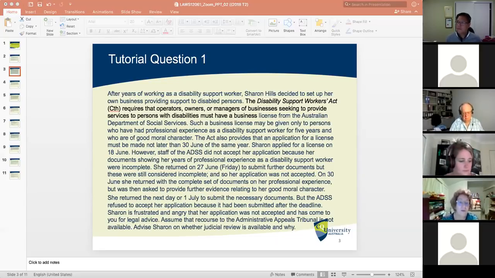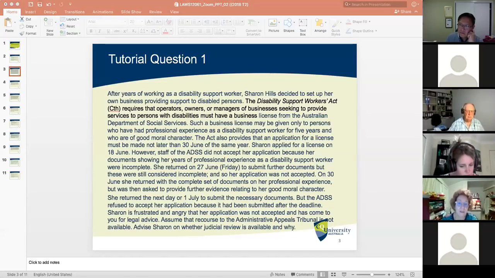After years of working as a disability support worker, Sharon Hills decided to set up her own business providing support to disabled persons. The Disability Support Workers Act, Commonwealth, requires that operators, owners or managers of businesses seeking to provide services to persons with disabilities must have a business licence from the Australian Department of Social Services.